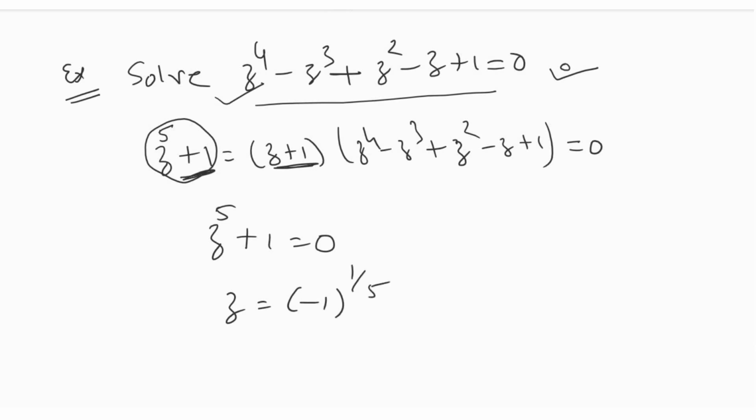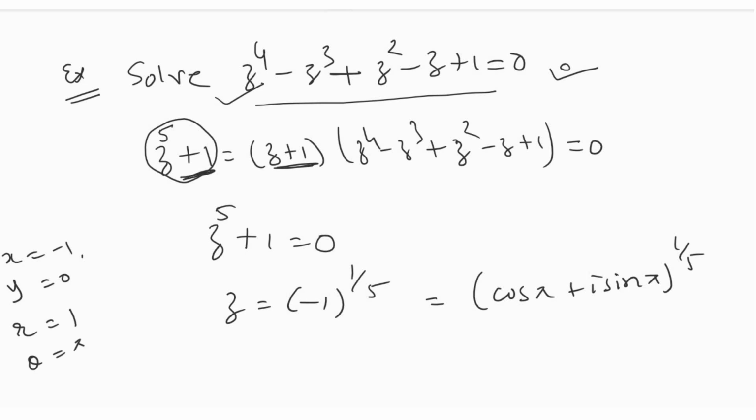That means the question is to find the fifth root of minus 1. You know that minus 1 I can write in the polar form as cos pi plus i sin pi. Taking x equal to minus 1, y equal to 0, you will have r is 1, theta is pi. That you can check.